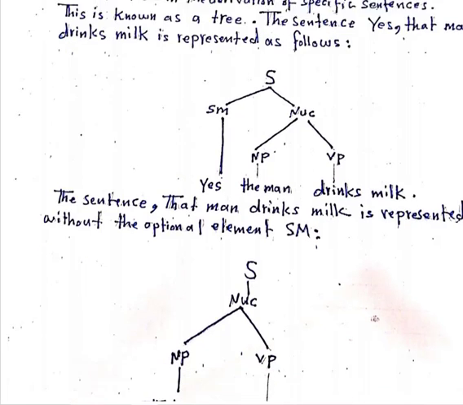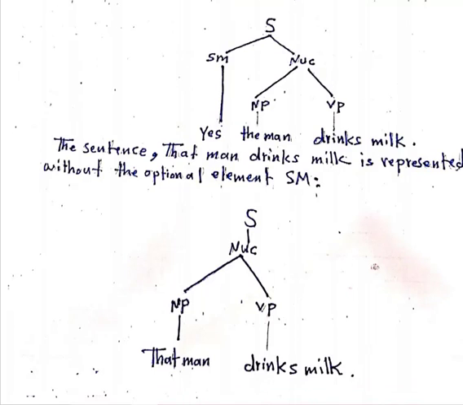So when we look at this tree: sentence, sentence modifier, yes, nucleus, noun phrase, the man, verb phrase, drinks milk. But in this diagram, in this tree: sentence, nucleus, noun phrase, verb phrase.